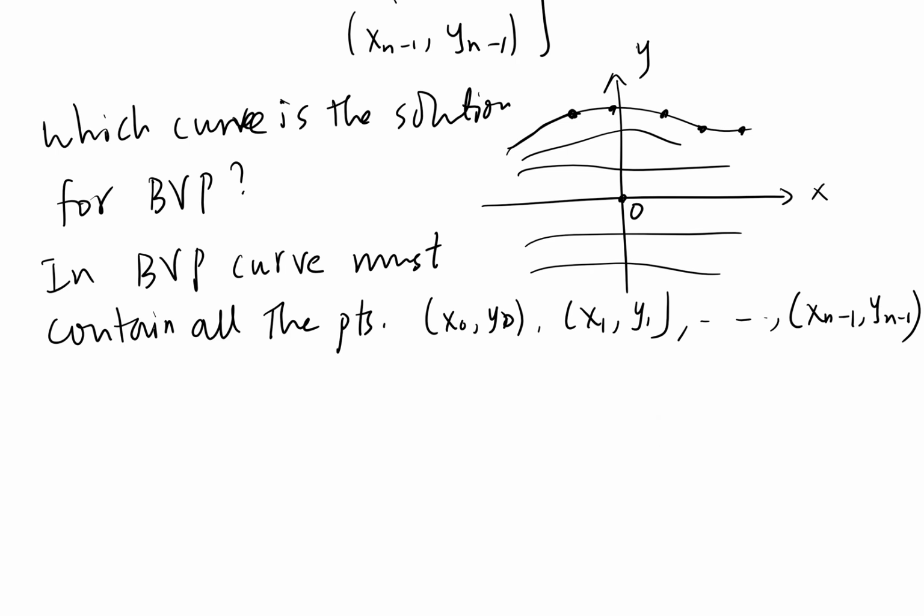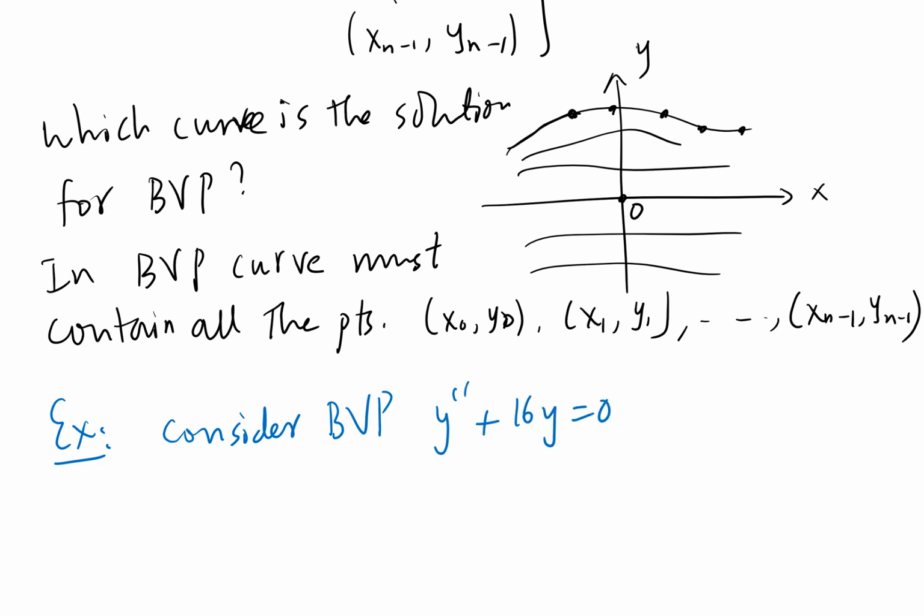So how do we apply this? Again, as I said, later on we will see how to solve these kinds of differential equations. Consider the boundary value problem y double prime plus 16y equals 0, with y of 0 equals 0 and y of pi over 2 equals 0.